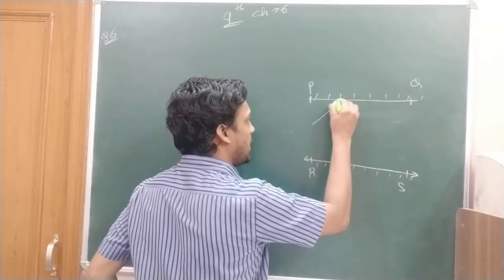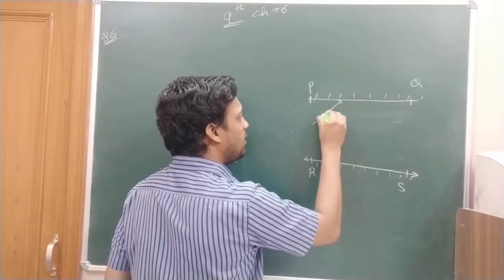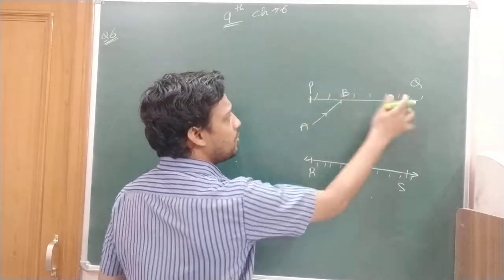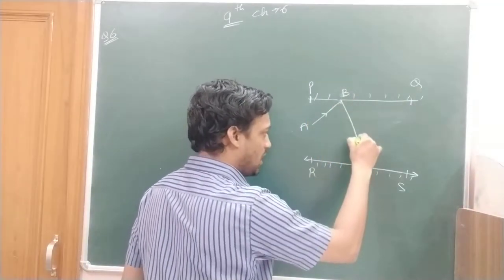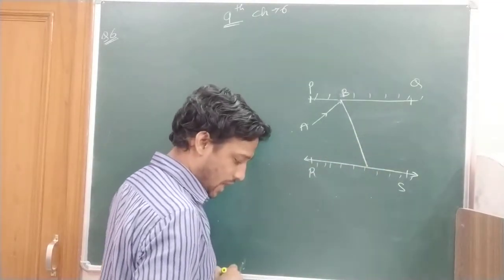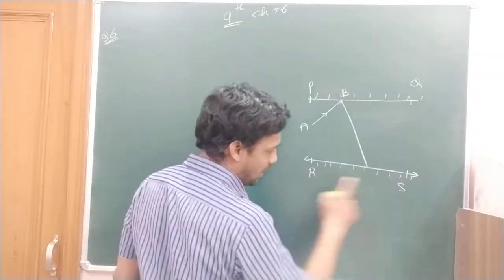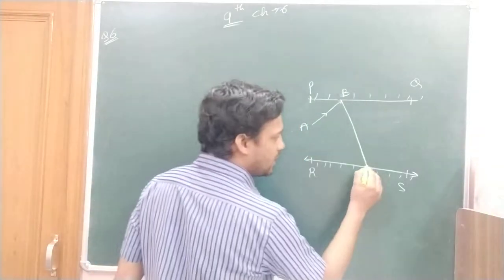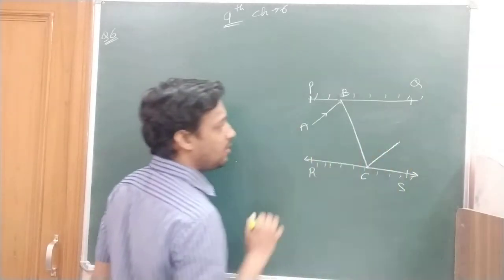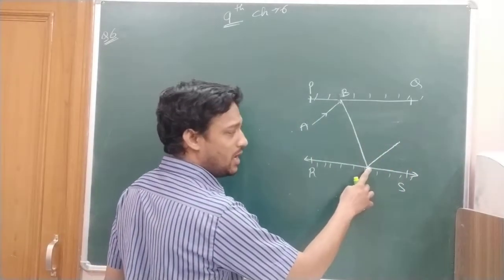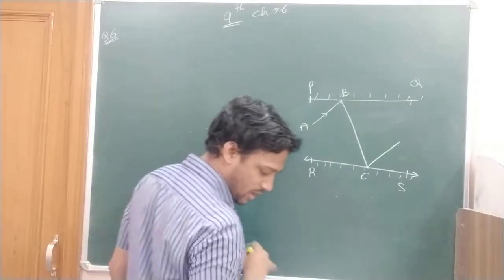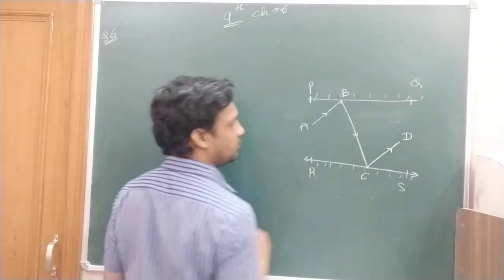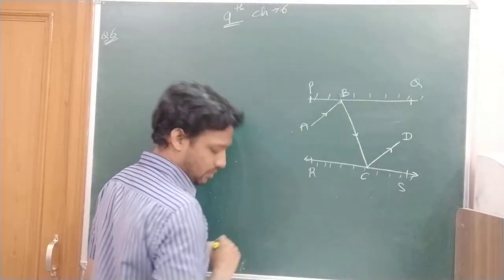AB is an incident ray to the mirror PQ, and it reflects towards the mirror RS, which it meets at point C, and again it reflects towards the PQ mirror to point D. Clear? This is given in the question.